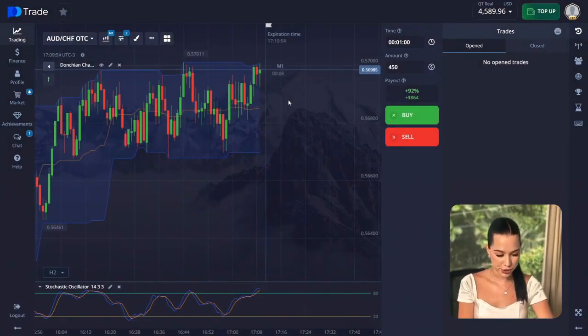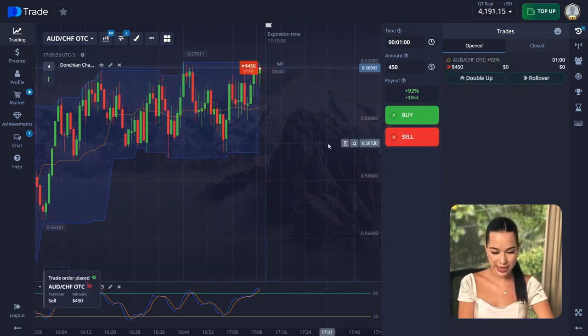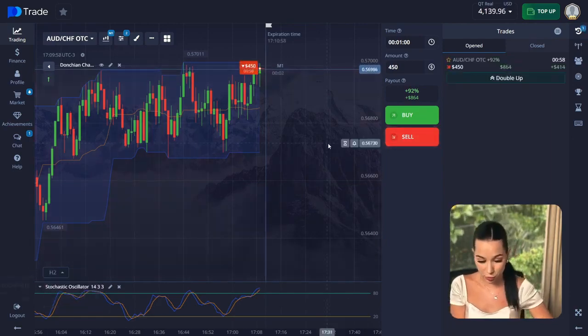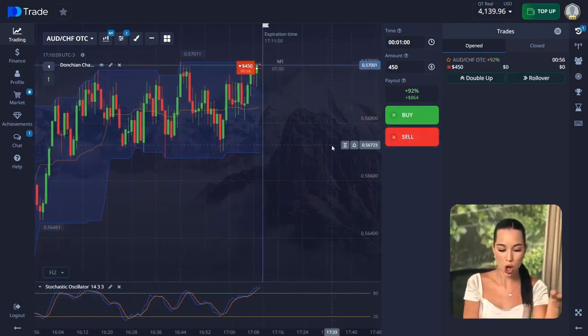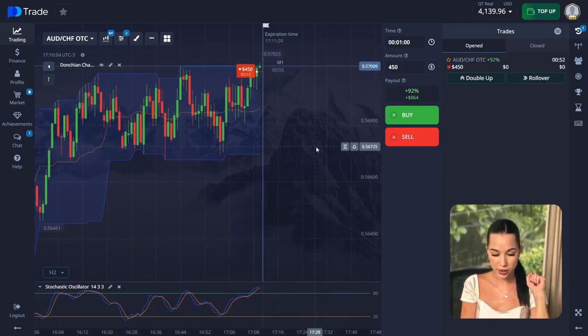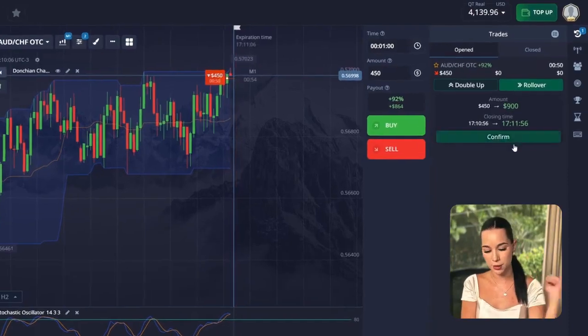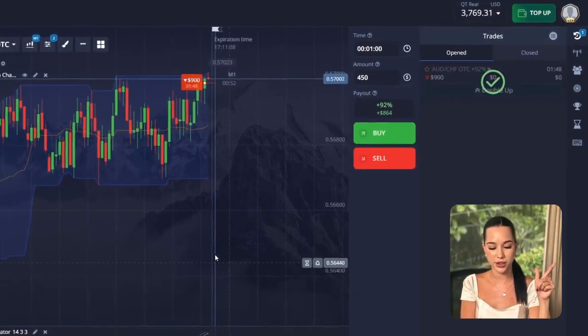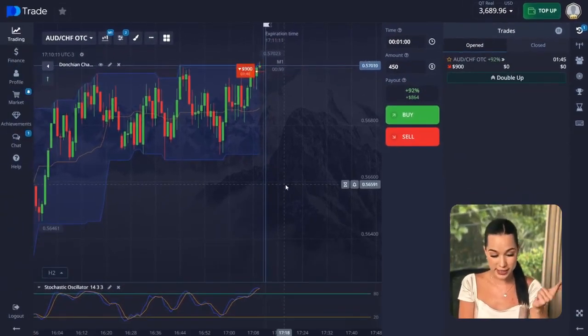So here is another situation. We're going to use the same indicators, and here I open a sell trade for 1 minute. And you will ask me, Lisa, it's almost the same situation that you had before. So let's open a rollover here as well. As we can see, we doubled our amount of money and we got another extra 1 minute.